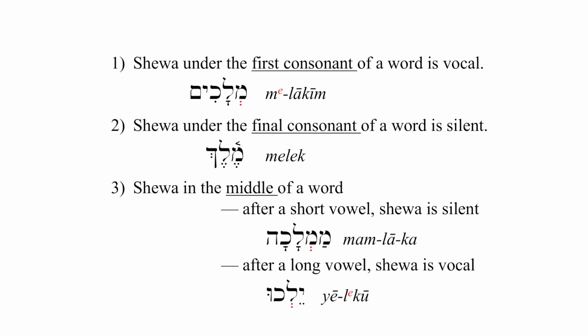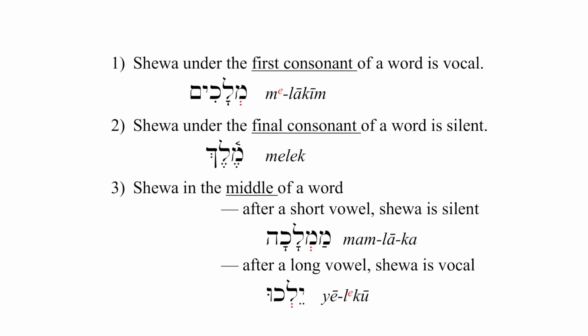If you have a schwa in the middle of a word, you need something a little bit more nuanced. We'll discuss this in a little more detail later, and you'll learn to understand it as more than just simply a rule. But for now, understand that after a short vowel, schwa is silent. After a long vowel, schwa is vocal.